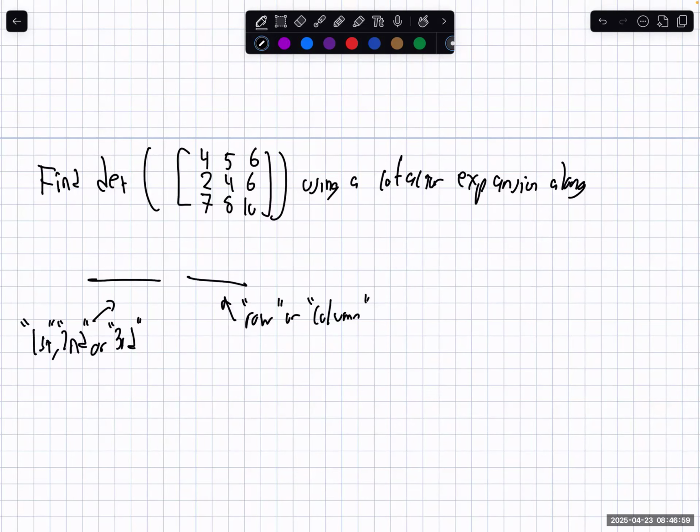Yeah, I'm going to do the first row, that's a good choice. When you're doing that cross product calculation and also the three-dimensional curl, you'll be doing this cofactor expansion along the first row. But it really works anywhere.